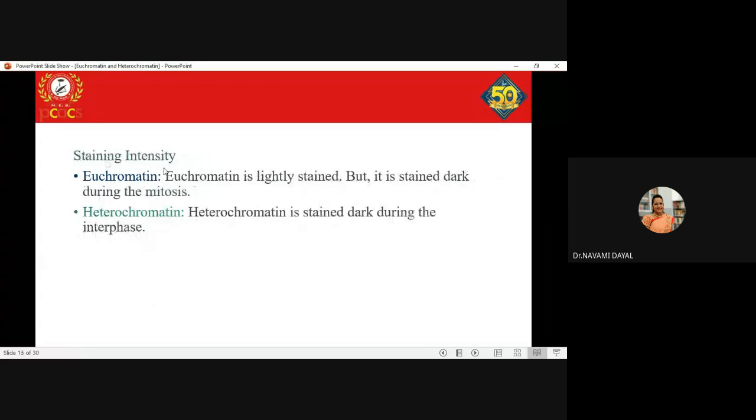Staining intensity. Euchromatin is lightly stained, but it is stained dark during the mitosis period.